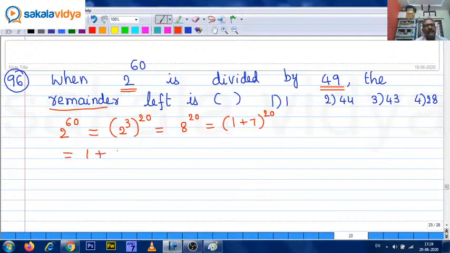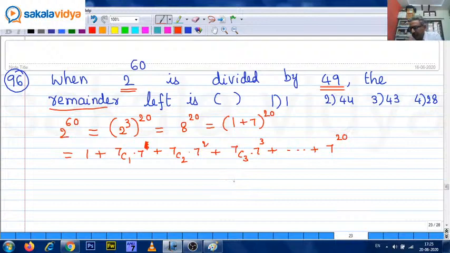1 plus 7c1, 7c2, 7 square, 7c3, 7 cube, and so on, up to 7 to the power of 20.